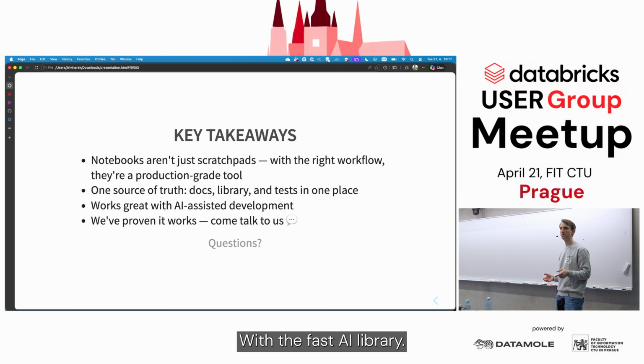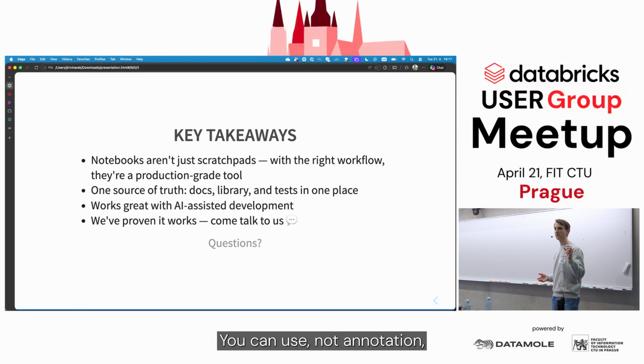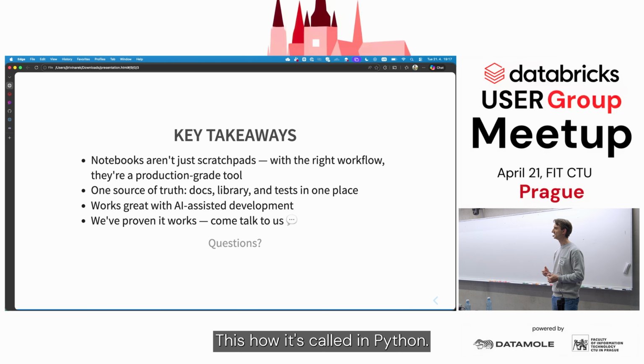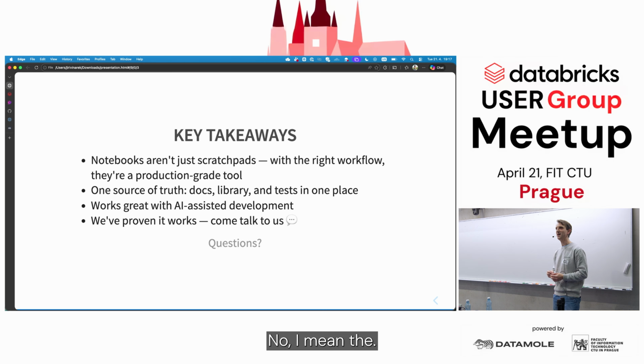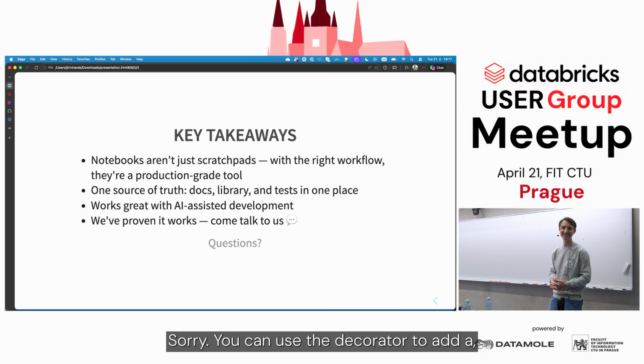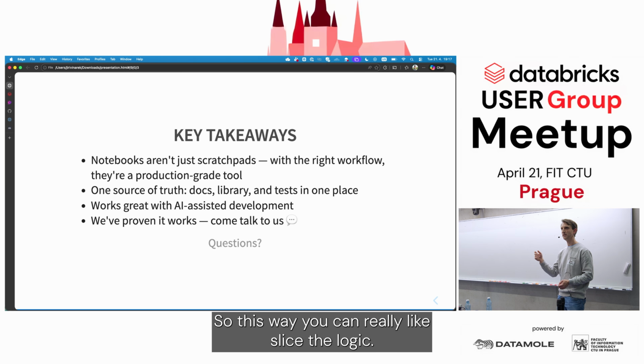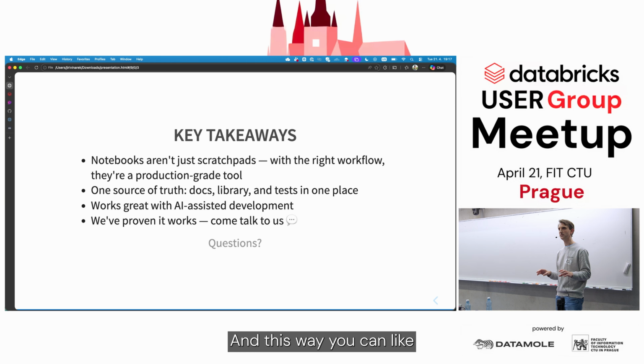With the fast.ai library, you can use the ampersand, I mean the decorator. Sorry. You can use the decorator to add a function as a method to the class. So this way you can slice the logic, and you can patch the class that is there.